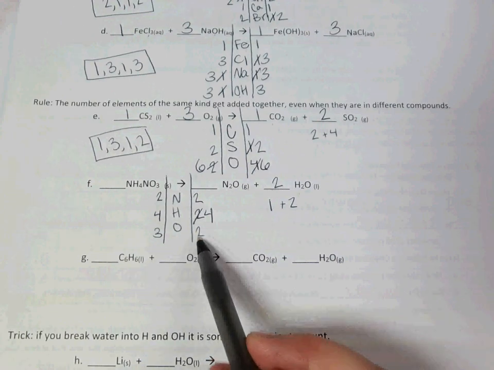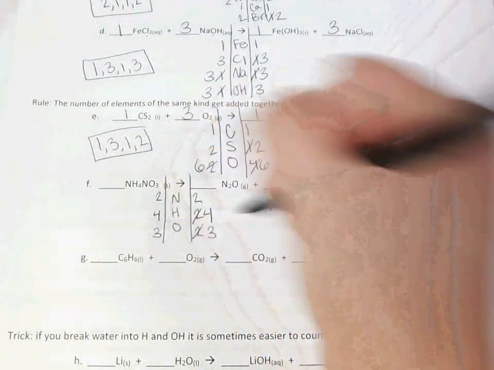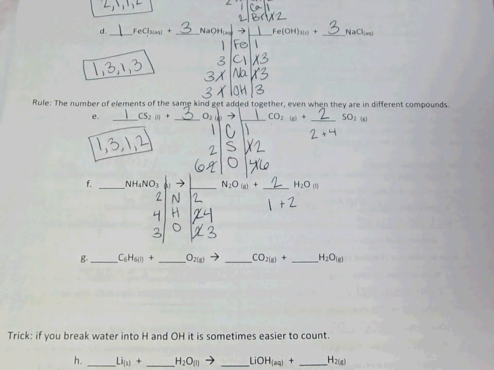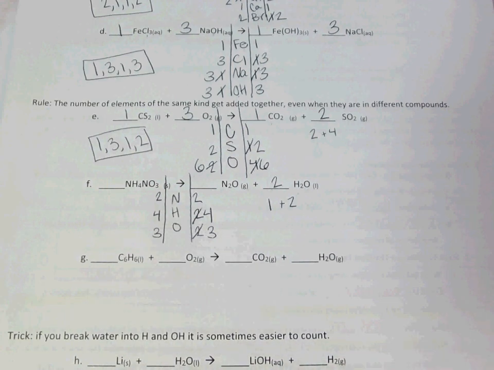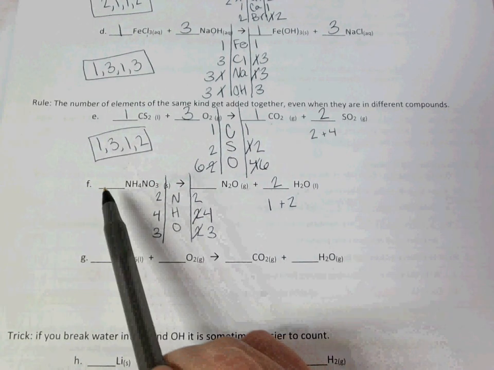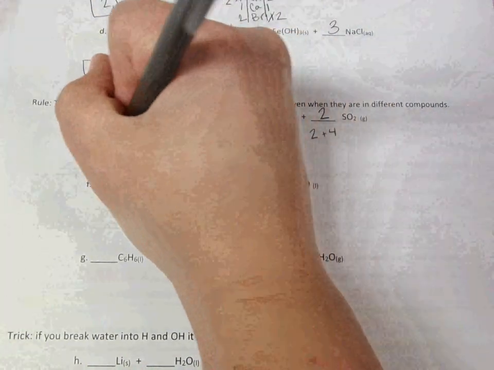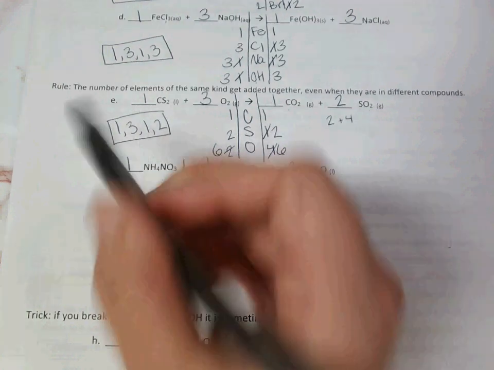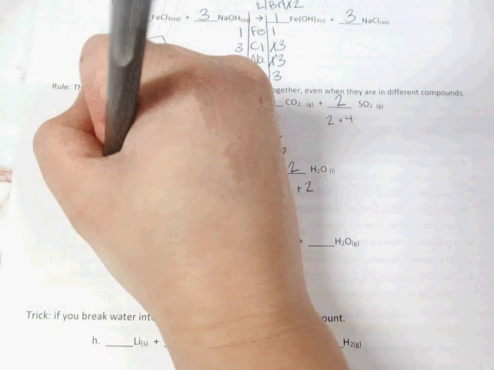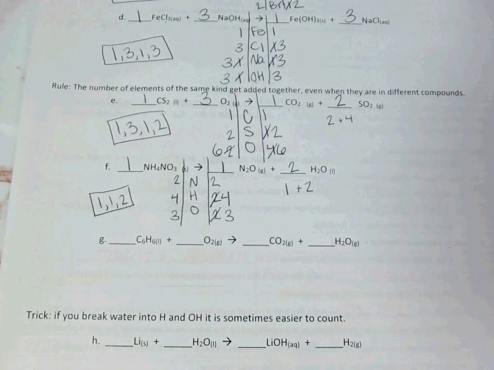So now, instead of 2 total oxygens on my product side, I have 1 plus 2 oxygens, so that would be 3. And then this one is balanced at that. My nitrogens are equal, my hydrogens are equal, my oxygens are equal. So in the rest of my blanks that I didn't have to change, what do I put? 1s. So if you were to recognize this on a multiple choice test, the stream of numbers would be 1, 1, 2. Good?